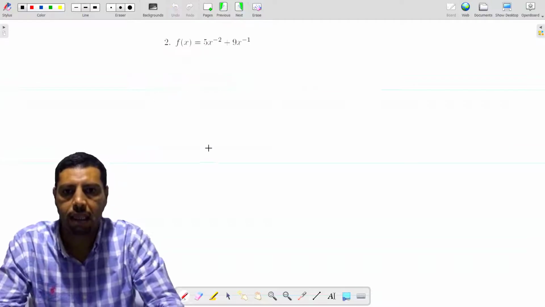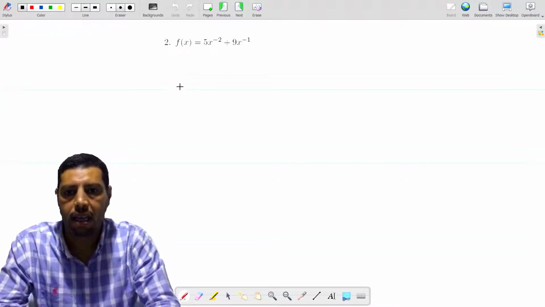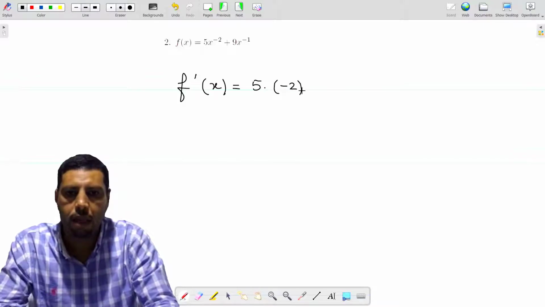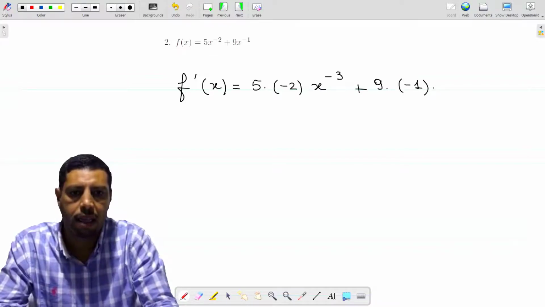Now let's move to the second example, in which f of x equals 5x to the power of negative 2 plus 9x to the power of negative 1. Again, we apply the power rule for the first term with n equals negative 2. So it's 5 times negative 2 times x to the power of negative 2 minus 1, which is negative 3, plus 9 times negative 1, where n equals negative 1, times x to the power of negative 1 minus 1, which is negative 2.